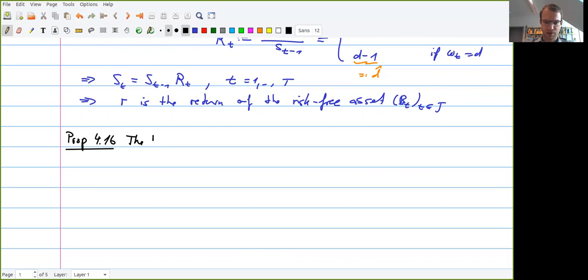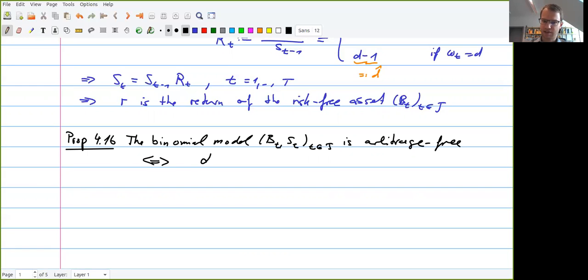So what's the statement? The binomial model, as I just described it, is arbitrage free if and only if, and this is the same condition as we have seen in the one-step binomial model, D has to be strictly less than 1 plus R, which has to be strictly less than U. We can also formulate this in terms of returns.